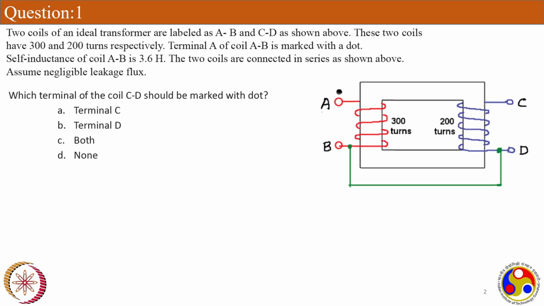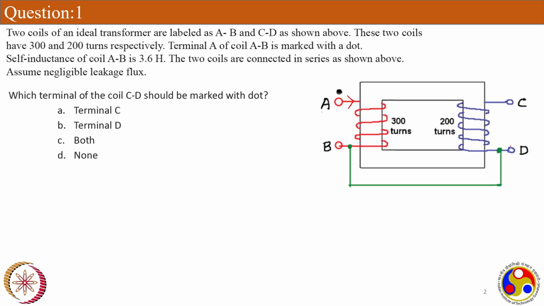Okay, let's see. Let's say a current is being passed through the coil AB. The current is passing in this way, and the current enters A at the dot. If the current is entering at the dot A, the dot in the CD coil should also be at the terminal where the current enters.